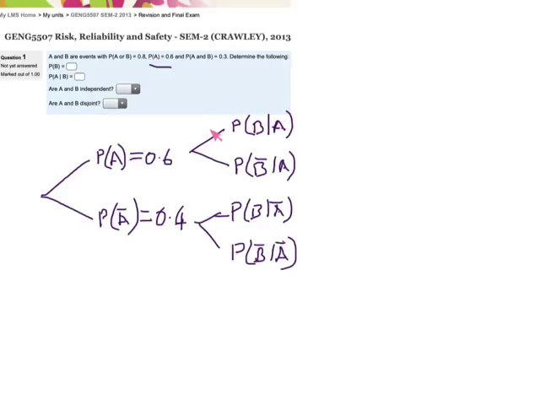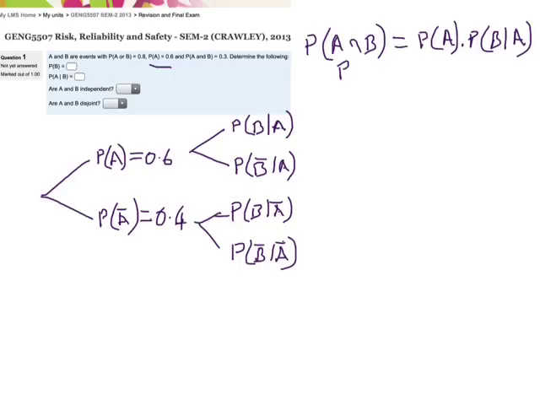So the probability of A and B, that's not union, sorry, intersect, is equal to the probability of A multiplied by the probability of B given A. So that's helpful because we know this one, that's what we've been given here, that's 0.3. We know that one, and so we can solve for the probability of B given A, and that'll give us this value here.